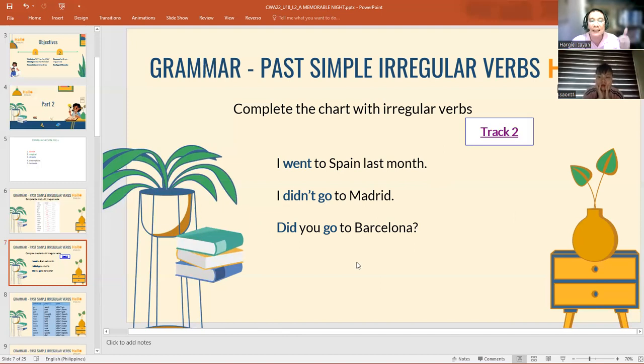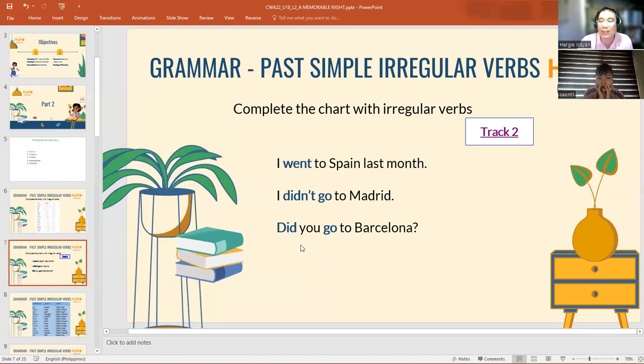That means negative, so did not, plus the infinitive, which is go. Like for example, I didn't see. I didn't feel. I didn't meet him. So we don't change the past form of this one.